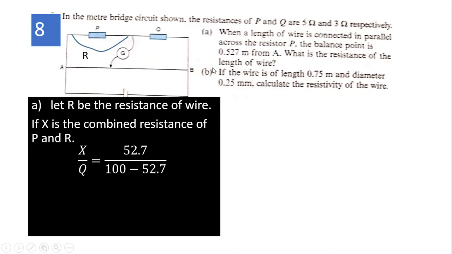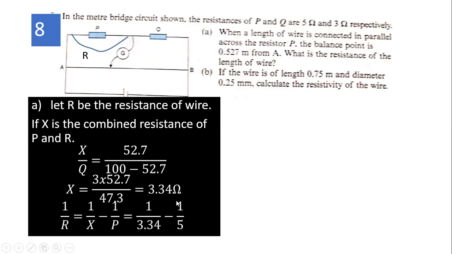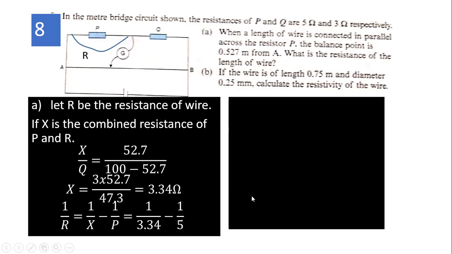This is 100. That length is 100 minus 52.7. Then calculate your X. Then you can use your reciprocal formula. 1 over X equals 1 over R plus 1 over P. I just take it across there, that's all. And calculate out, put in your value. Calculate your R.